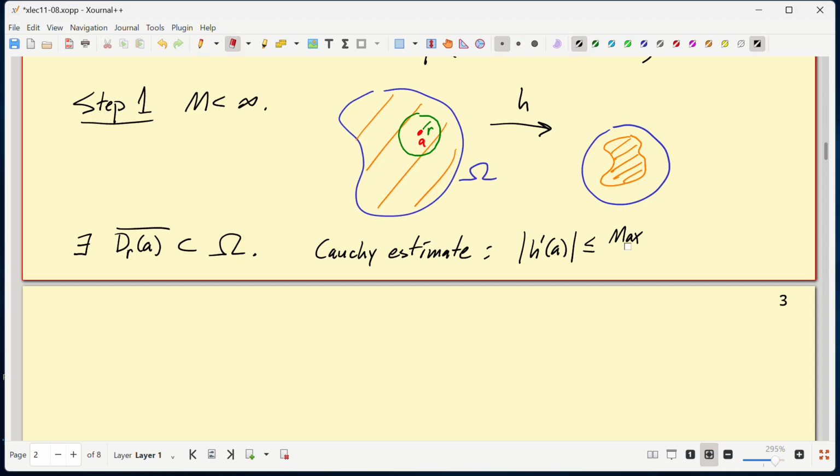1 factorial times the max of the thing over r to the 1.